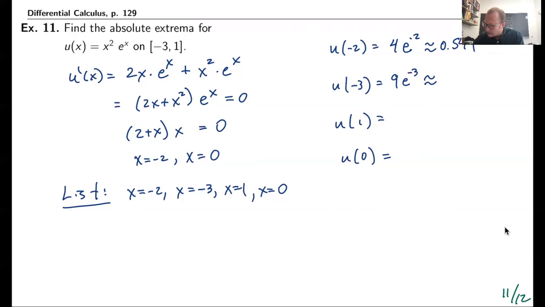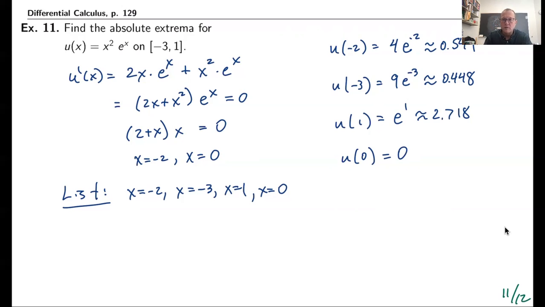So 9 e to the -3, I'm getting about 0.448. For the u of 1, I'm going to get 1 times e to the 1, and that's about 2.718. And when I plug in the 0, the x squared there is going to make it 0.